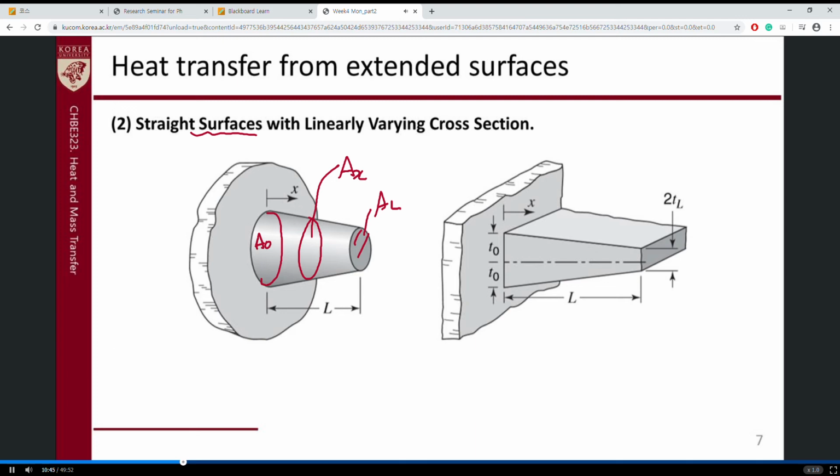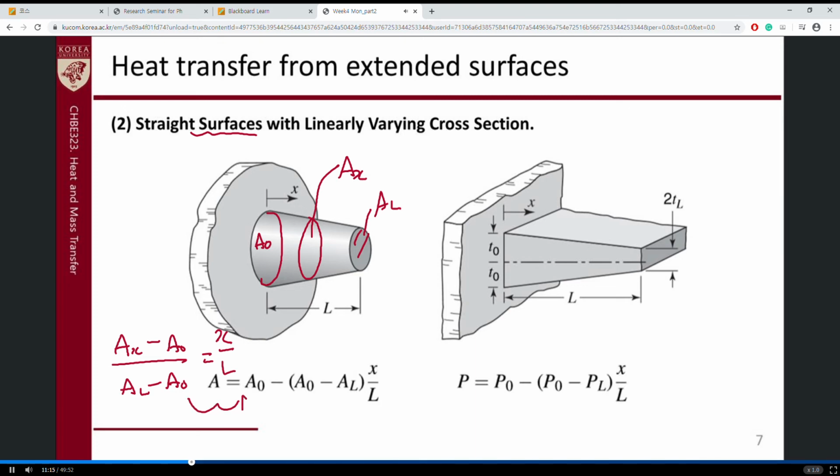But this is very simple, which means, for example, A(x) minus A0 over AL minus A0 can be the x over L. So we can easily make this equation, right? So if we solve these things depending on the A(x), then we can get these equations, right?